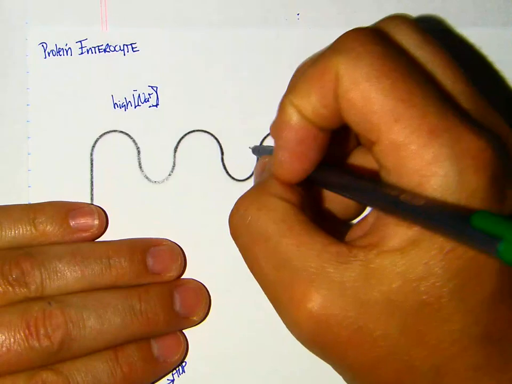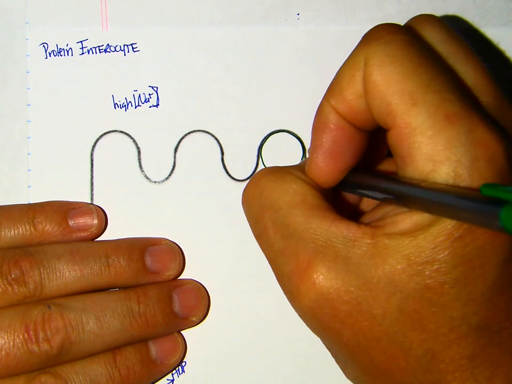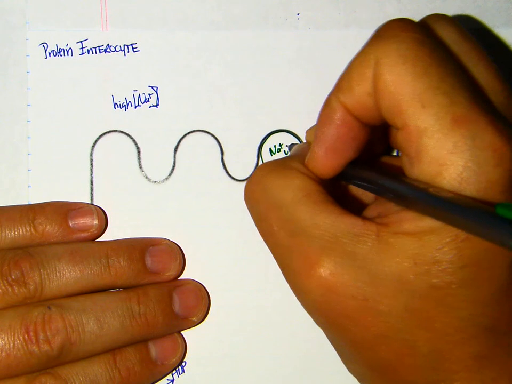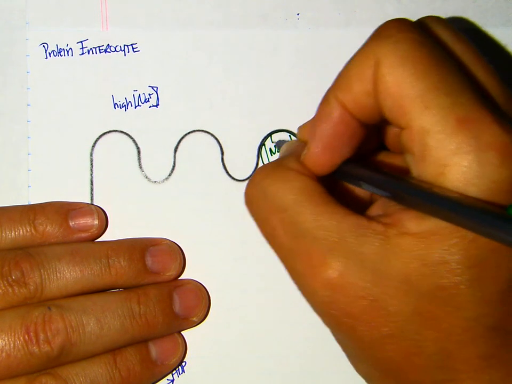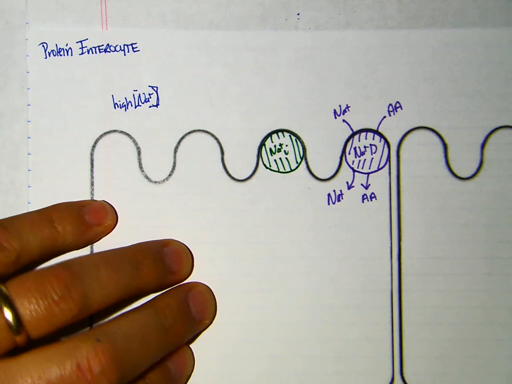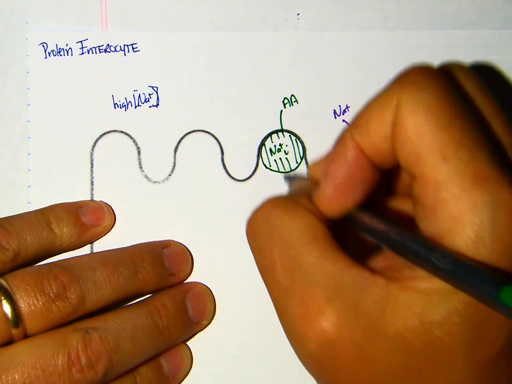We'll then do, where's the green marker? We'll then do sodium independent. Sodium independent, we're basically just going to be bringing in amino acids.